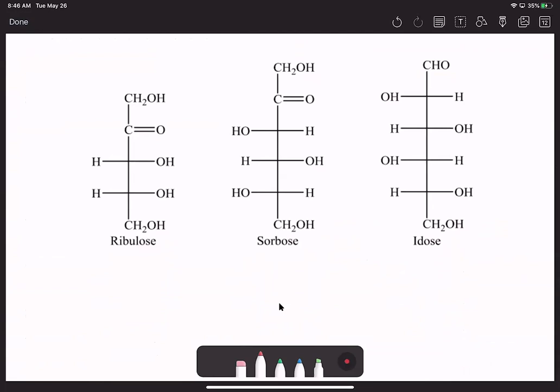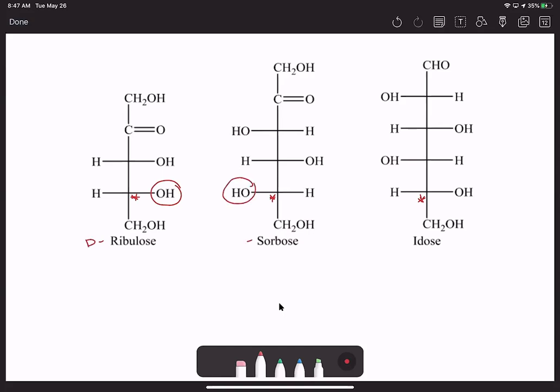You don't need to memorize ribulose, sorbose, and idose. But we should be able to identify whether it's a D or L isomer. So we go to the second to last carbon. It's on the right, this is D-ribulose.